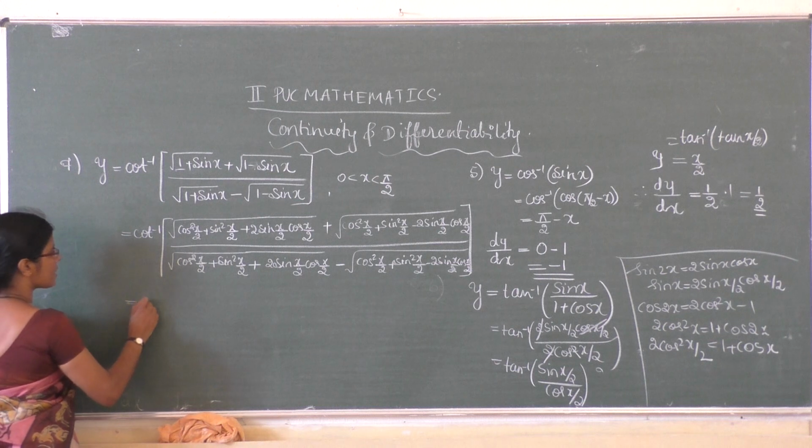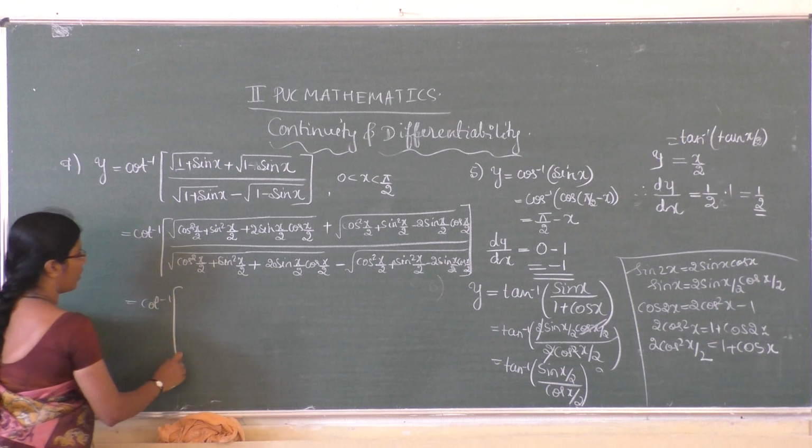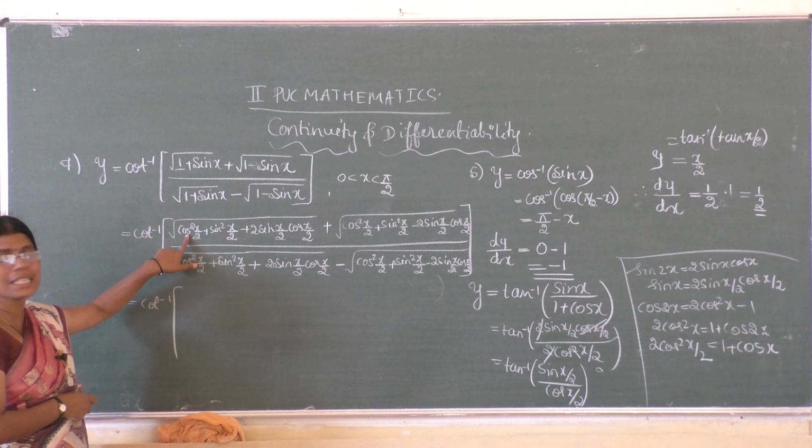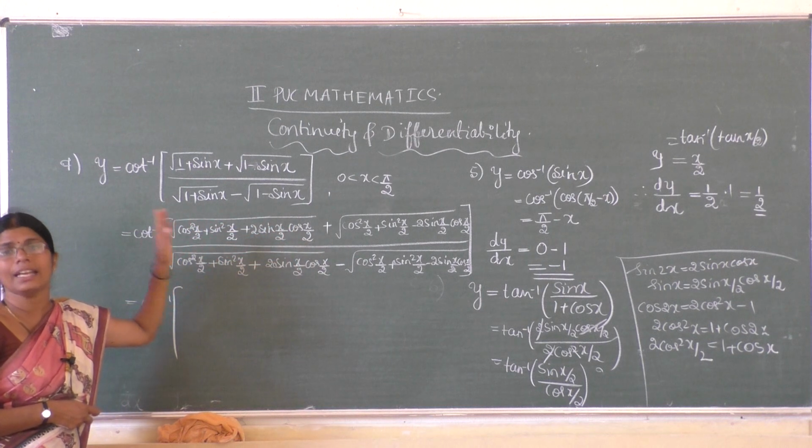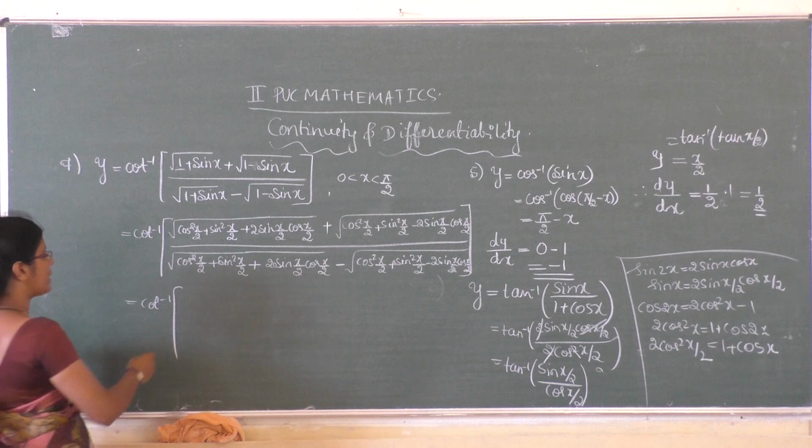Okay, so this is of the form a square plus b square plus 2ab, that is nothing but a plus b whole square.